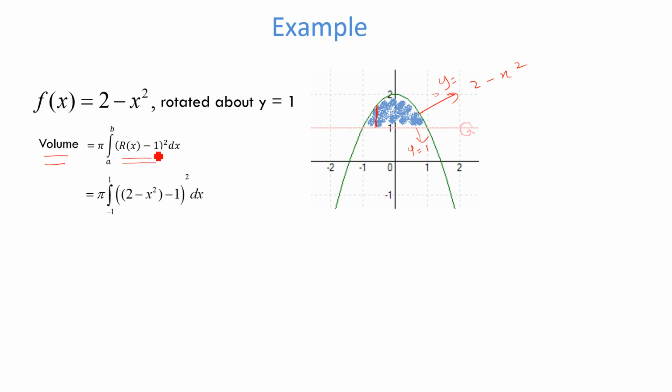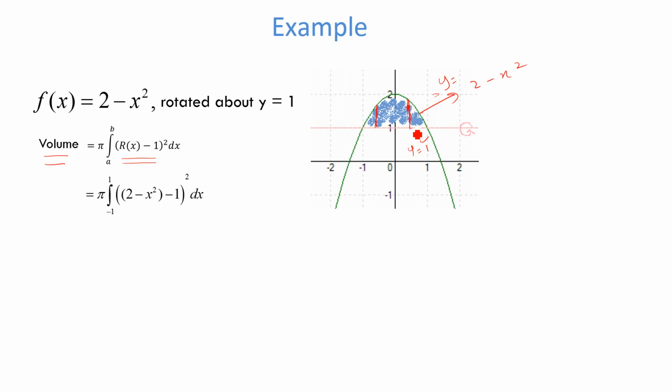Or you can say this is the Washer method by saying that there are 2 r's. But in this case we have used the disk method, and r here is this distance, y is equal to 2 minus x squared minus y is equal to 1. That is, we are rotating this particular line.